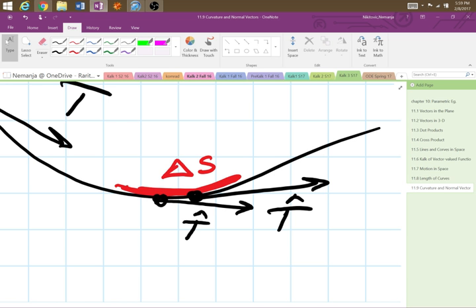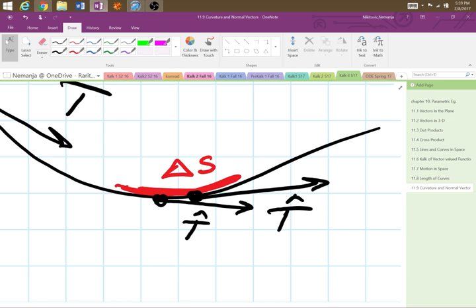So we are going to define the curvature as the change of the unit tangent vector with respect to the arc length. So that's only to understand what's happening. But in terms of calculations, we are going to use something that we can easily compute.